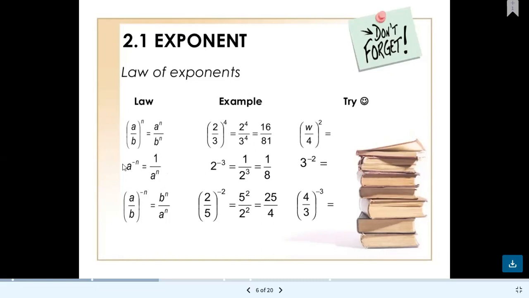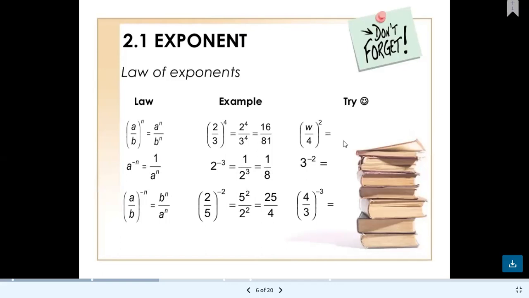So again, pag a^-n, nagiging 1 over a^n siya. For example, 2^-3 is equal to 1 over 2 cubed. So that will be 1/8.